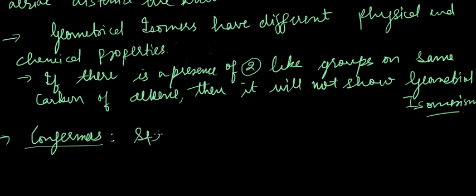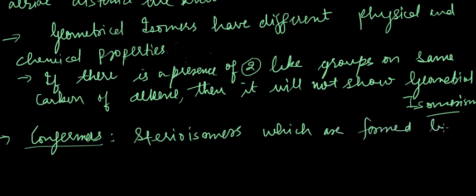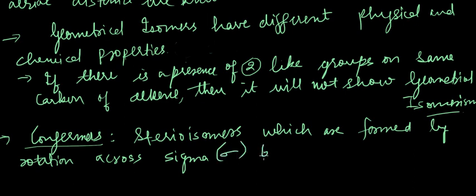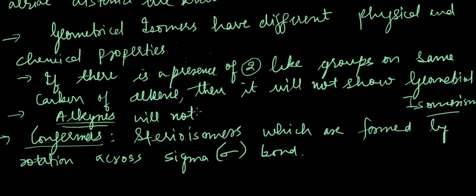One more point in geometrical isomerism is that alkynes will not show geometrical isomerism, because areal distance cannot be measured if we have only one substituent attached to each carbon atom in the case of alkyne.